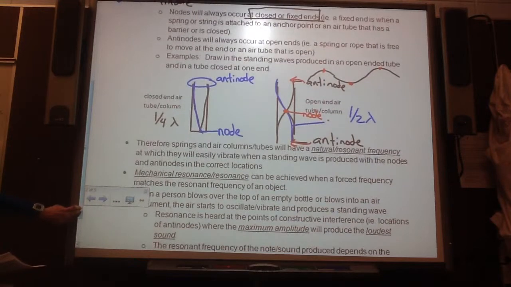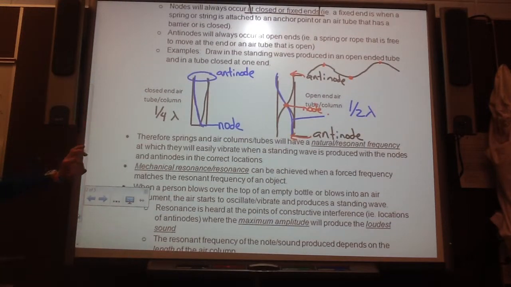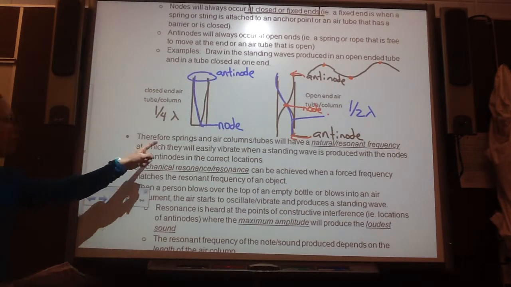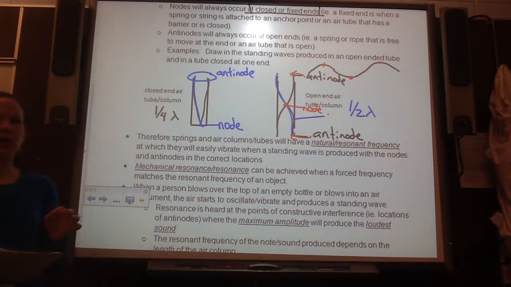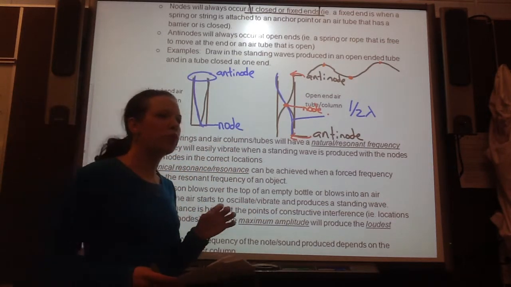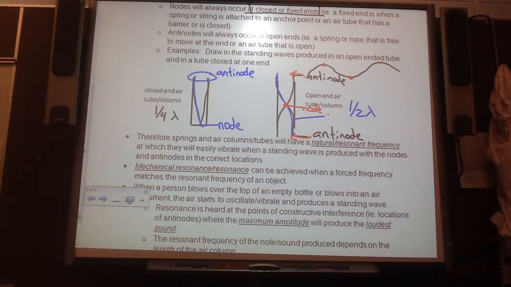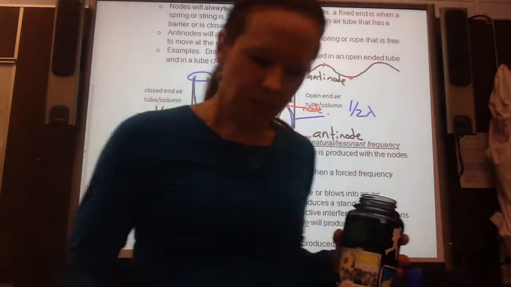Because of this, our antinodes and nodes, we know that springs and air columns or tubes will have a natural or resonant frequency. Because there will be wave interference where it's being reflected back at the nodes, and you can get that mechanical resonance.